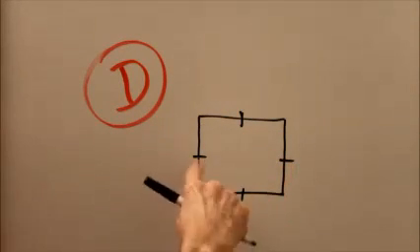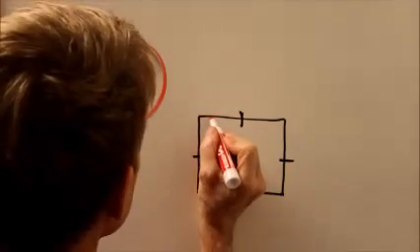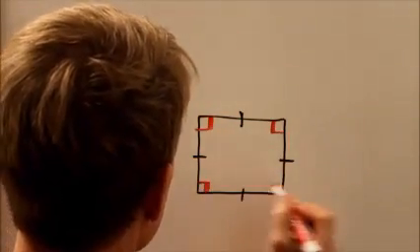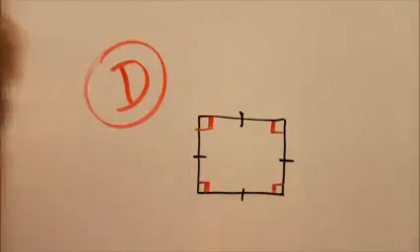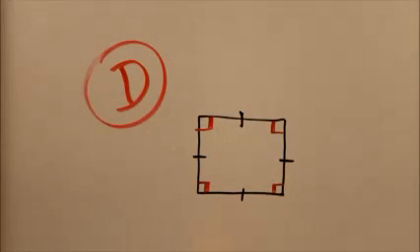One hash mark indicates a certain length, so each and every side has the same length. All 4 angles are 90 degrees, which we can indicate by little half squares like that, little L's if you like, oriented in various ways.